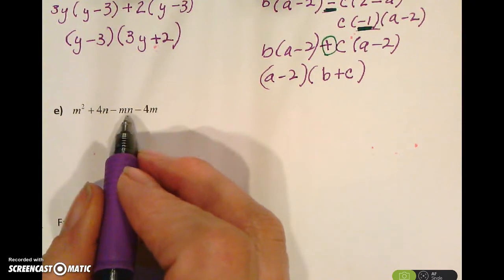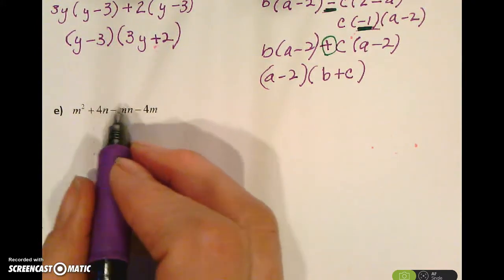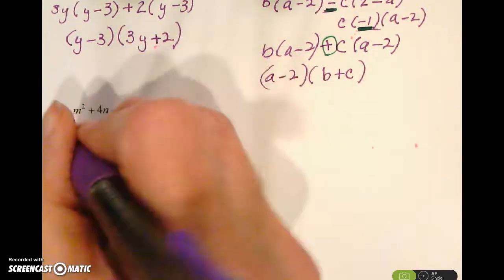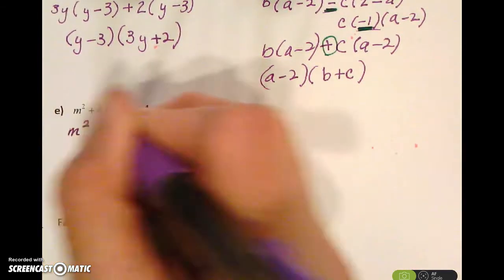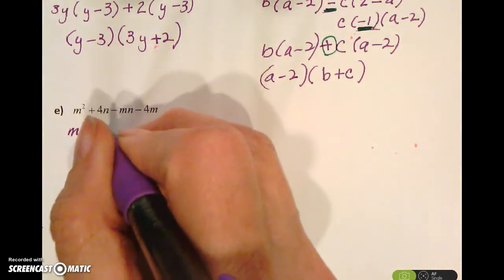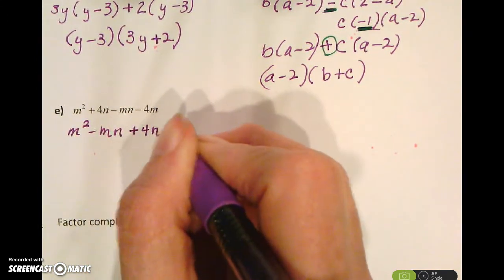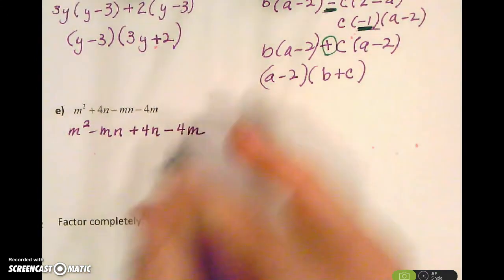So one thing you can do just to see if you can come up with something different is, again, to interchange terms. So on this one, I might do this. I'm just going to interchange these two middle terms, and I'm going to get minus mn plus 4n minus 4m.